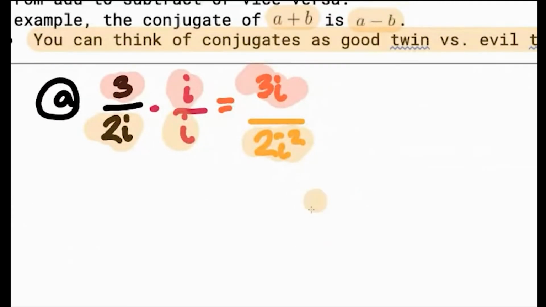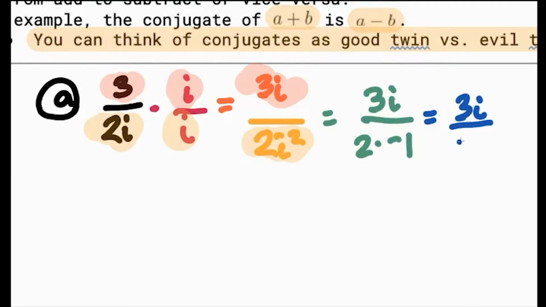You have 2i squared. Well, I squared is equal to what? Everybody in unison? -1. Not bad. We'll work on that. So you're going to have 3i over -2, essentially, because it's going to be 2 times -1, which is going to be equal to 3i over -2, and then that's your final answer.